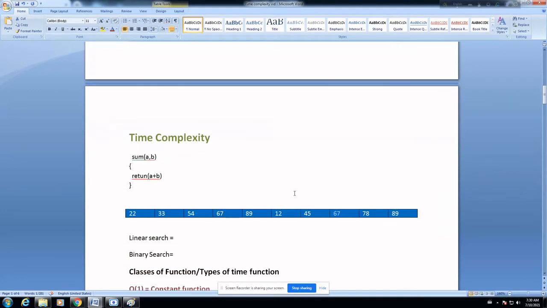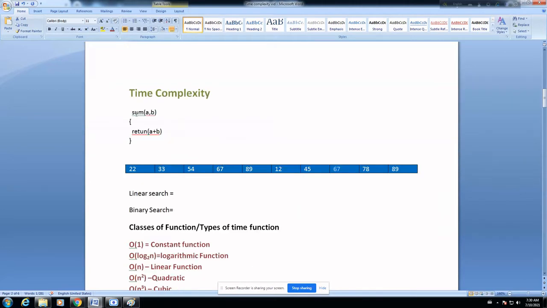If I take an example, here is a small algorithm which returns the sum of two values. Whenever I write this algorithm and execute this program, it will take some time. So this time is measured through time complexity.